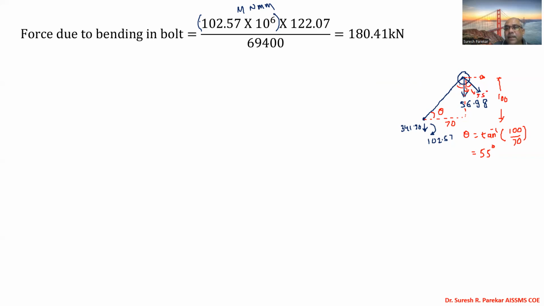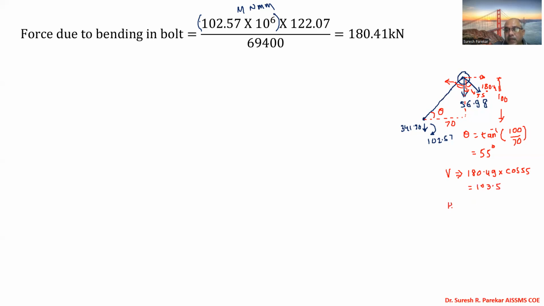So for the vertical component, this is my force 180.49. The vertical component is 180.49 into cos of 55, multiplied by 180.49, and it comes to 103.5.